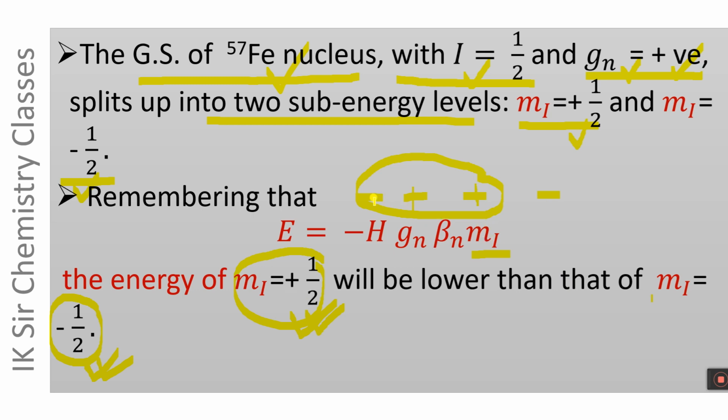Minus times minus will be positive and its overall value will be positive. This is why the energy of the m_I equals plus half level is lower than the energy of the m_I equals minus half level.